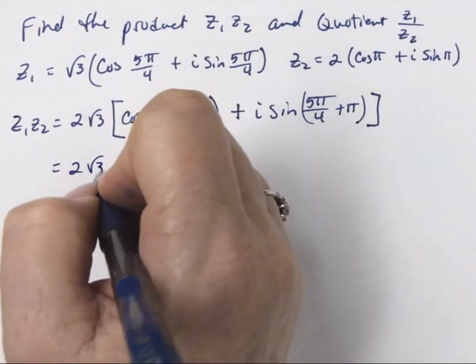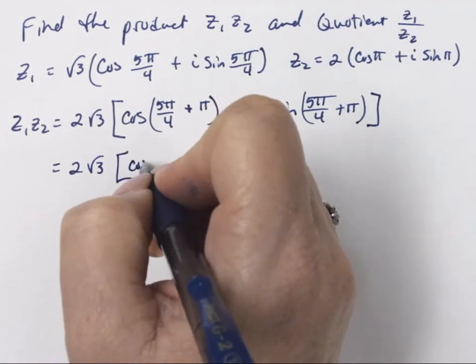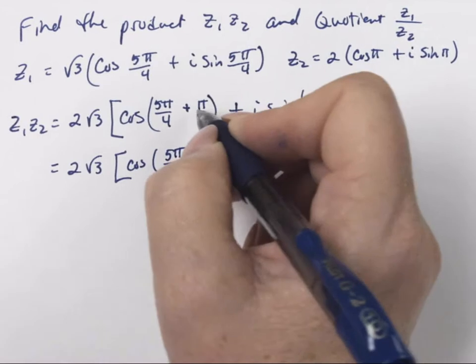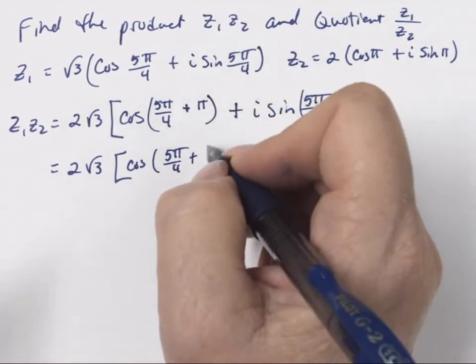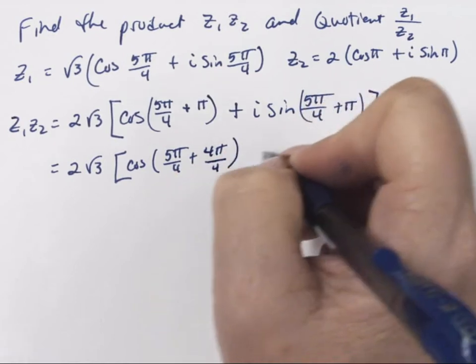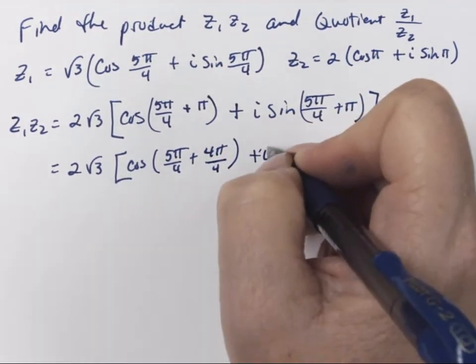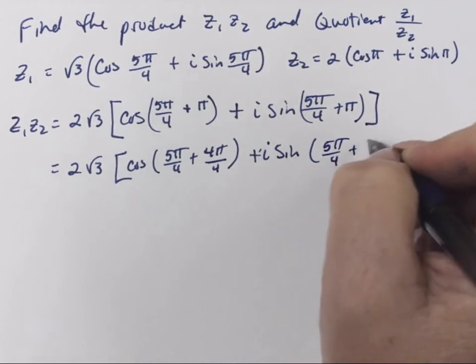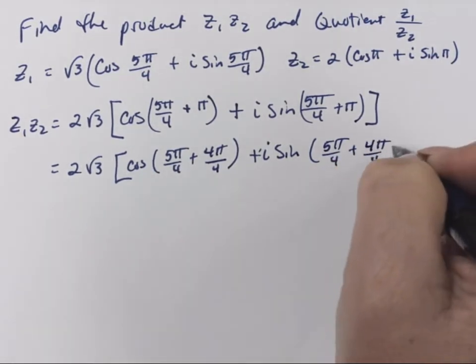So 2 square roots of 3 cosine 5 pi over 4. The common denominator for pi would be also 4, so 4 pi over 4, plus I sine of 5 pi over 4 plus again 4 pi over 4.